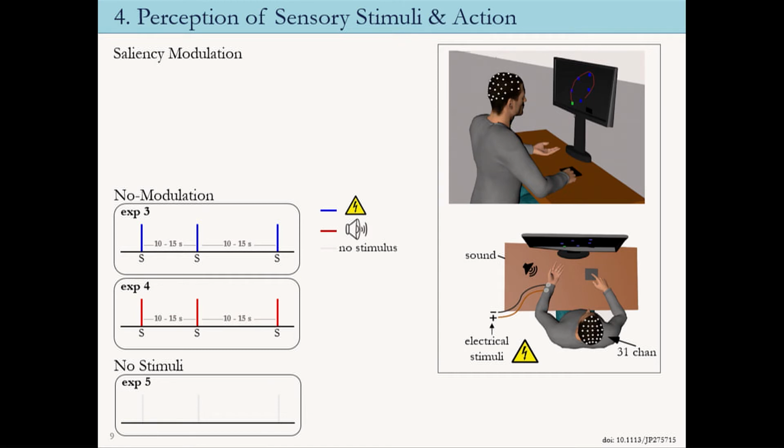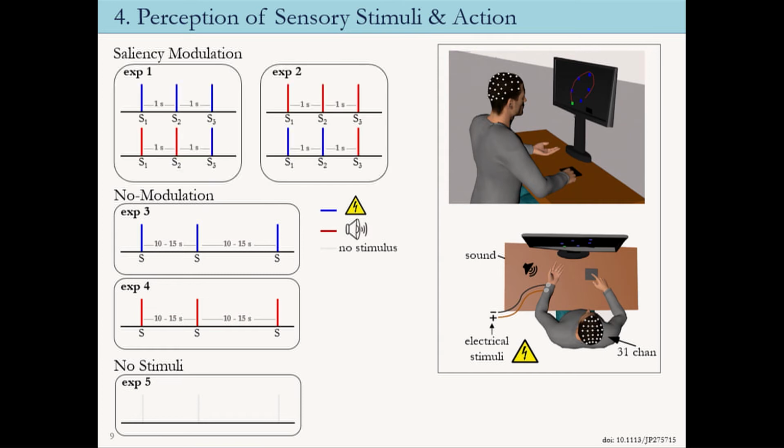So here, because we are presenting the same stimulus over and over again, we say that we don't modulate the saliency of the stimulus. And when we say saliency, it is how much the stimulus stands out from the environment. And you will immediately see what's the difference with the saliency modulation condition, where we delivered to our participants immediately before doing the task triplets.